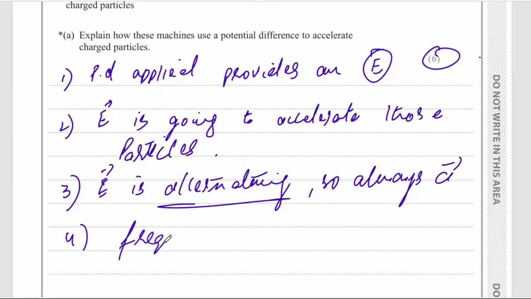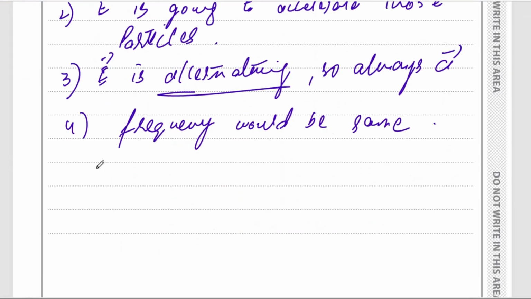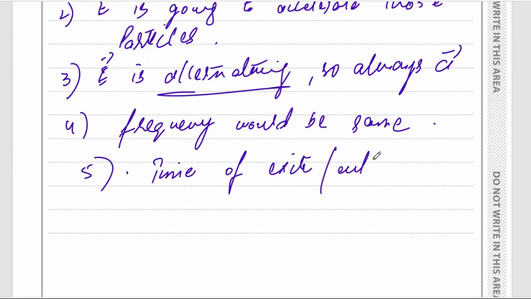Frequency would be the same, right? And fifthly, whenever you're gonna talk about it, the time of exit or entering the machine would be the same as well. So there would be some sort of a homogeneity, right?